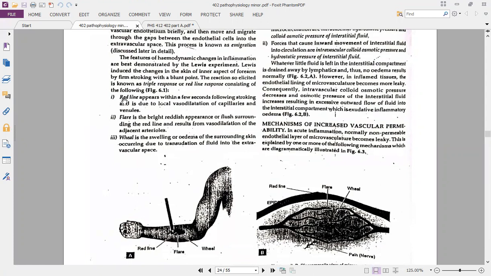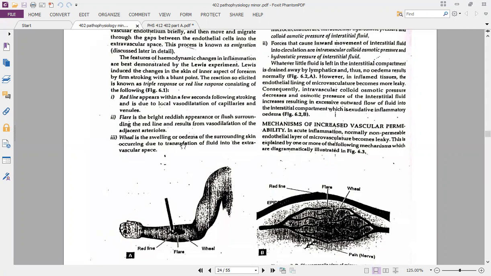What is the red line? The red line appears within a few seconds because of vasodilation of the capillaries, because certain chemicals get released which cause vasodilation in that region. This is quickly followed by flare, which means that the region will start to appear reddish, and it will start to diffuse into the surrounding region. So the surrounding region starts to appear red as well.